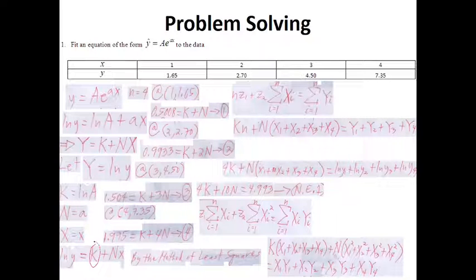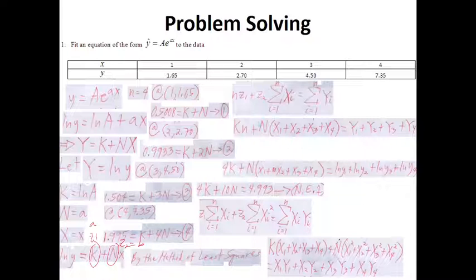Ito yung k natin. So z sub 1 yan, z sub 1 or a. So gagawin natin siyang k, as stated here. Tapos ito namang n, z sub 2 or b.